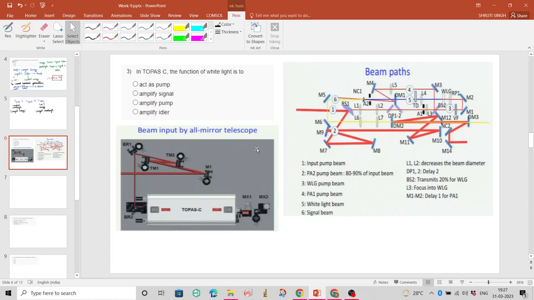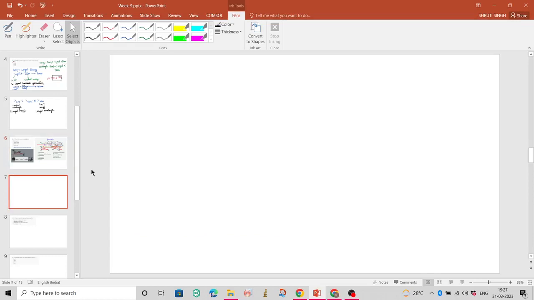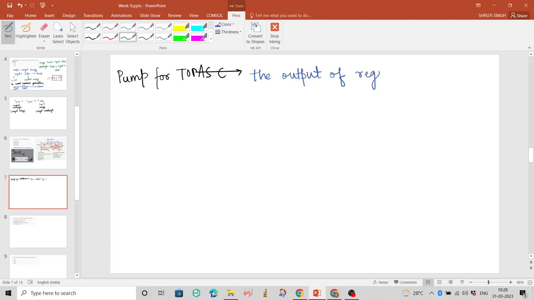And first thing is, let me write here. The pump which we feed in, the pump for TOPAS is the output of the regenerative amplifier.